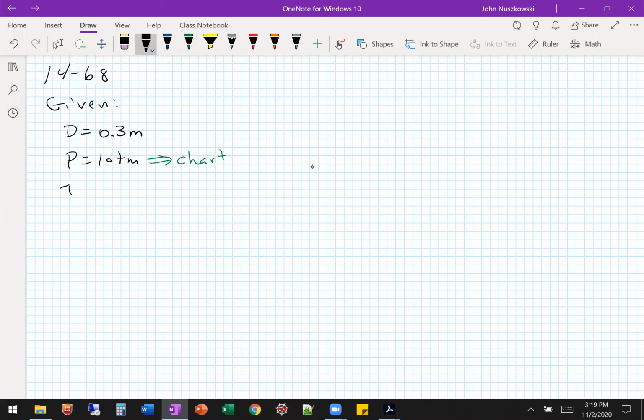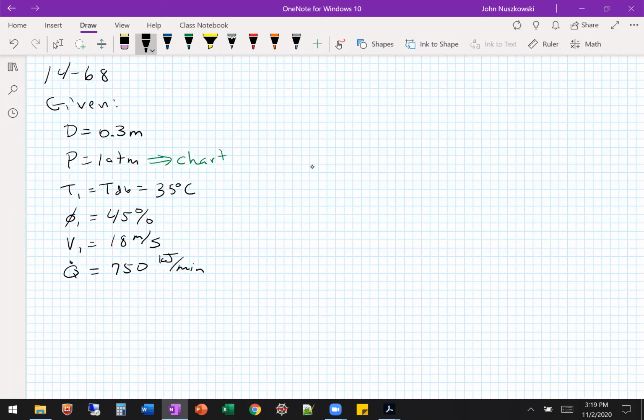We have a temperature at the inlet, which is our dry bulb, of 35 degrees Celsius. We have a relative humidity of 45% at the inlet. We have a velocity of 18 meters per second and a rate of heat transfer of 750 kilojoules per minute.